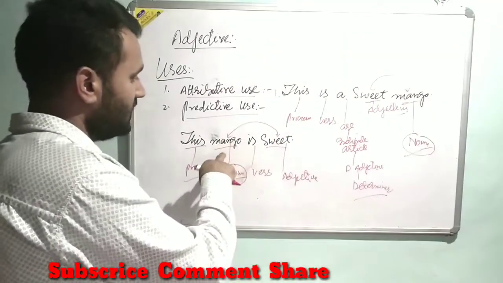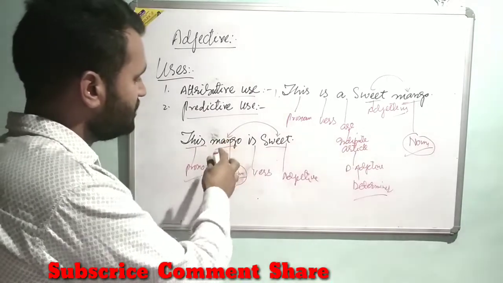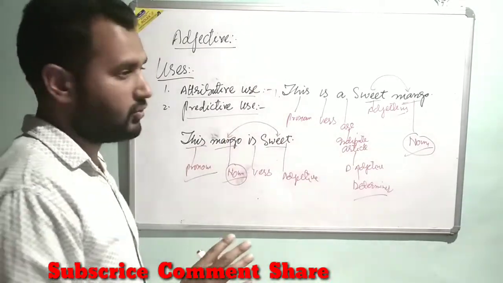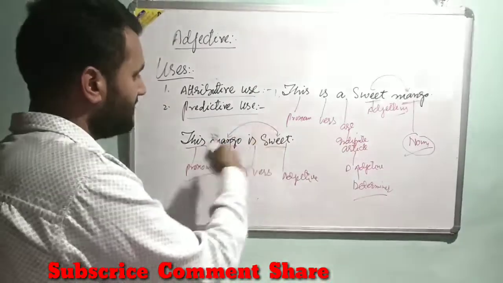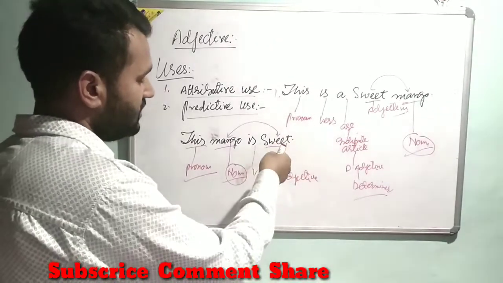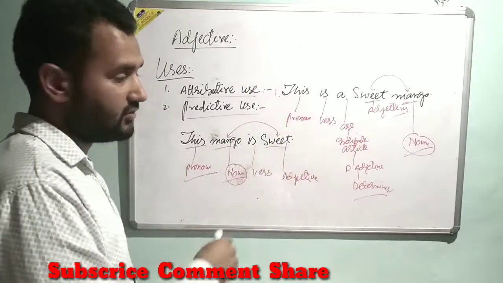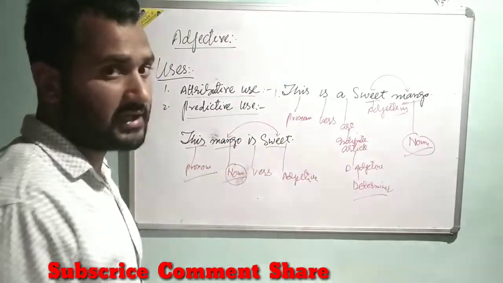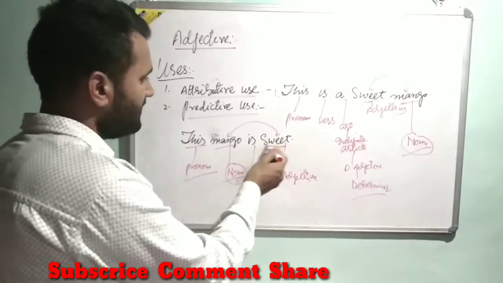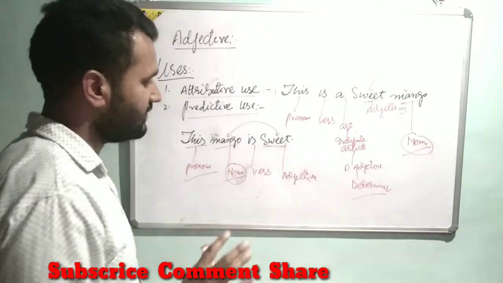It's modifying the meaning. Initially, it was simply the mango. Now, the quality of sweetness has been inculcated by the inclusion of this word in this sentence. So this word will be categorized as adjective because it is adding the quality of sweetness to this noun.